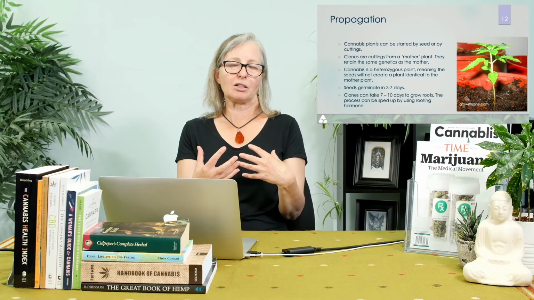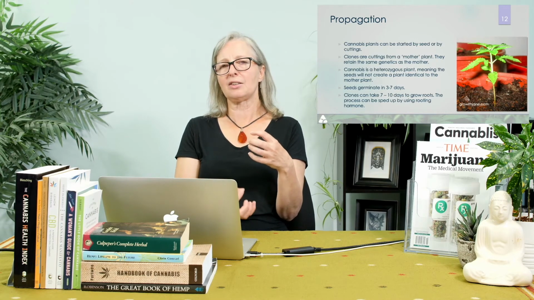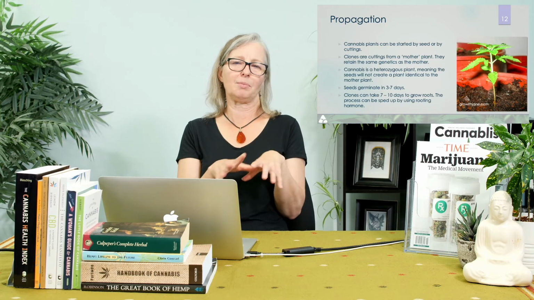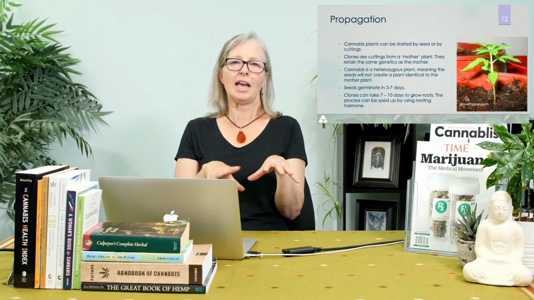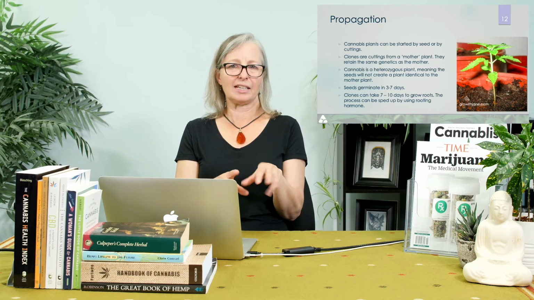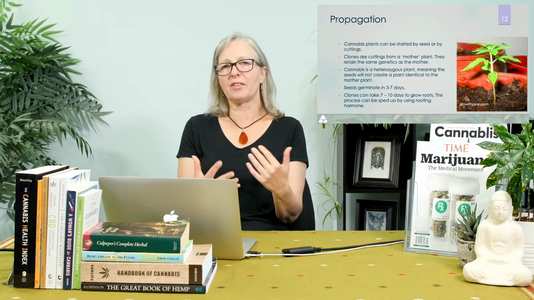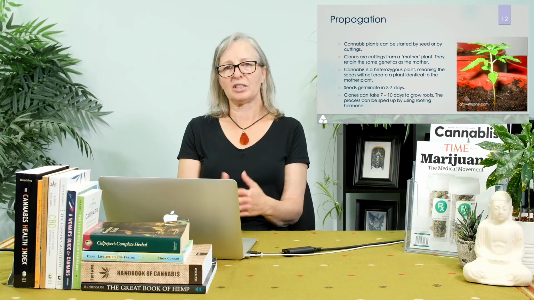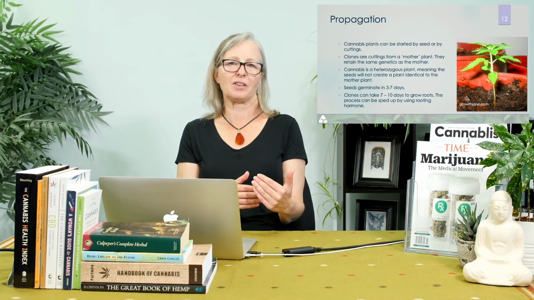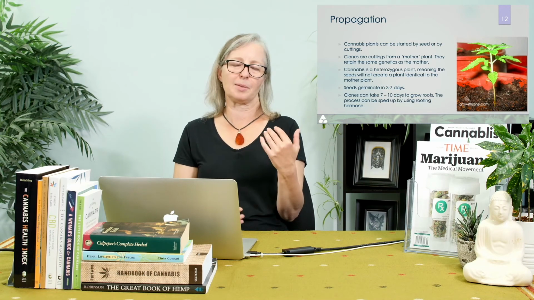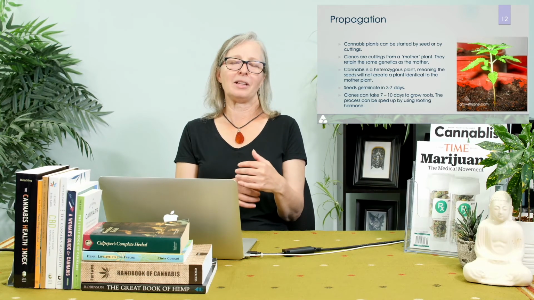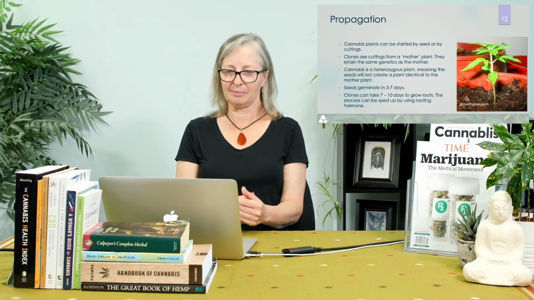If you're taking a clone, that taproot doesn't really develop, and so your root system is going to be a little more diffuse and network-like. That's not all that important if you're going to try growing, but if you've heard that cannabis has these big long taproots, that's only if it has grown from a seed.